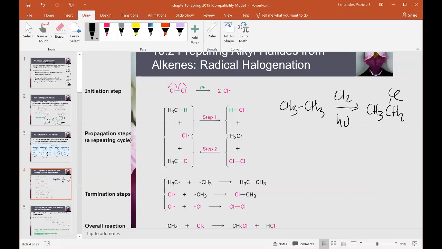Notice that here, because the molecule is so small, it doesn't really matter if I put the chlorine on the carbon atom on the left or the carbon atom on the right. In both cases, I will get exactly the same thing.